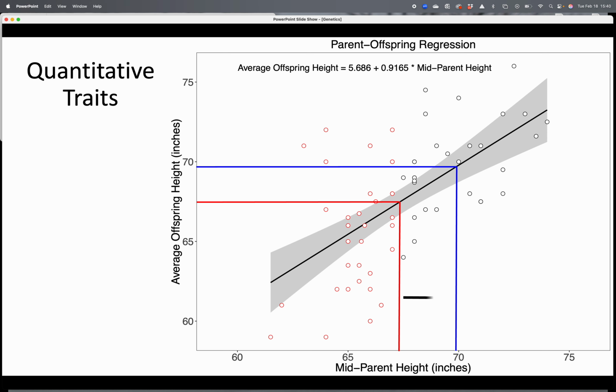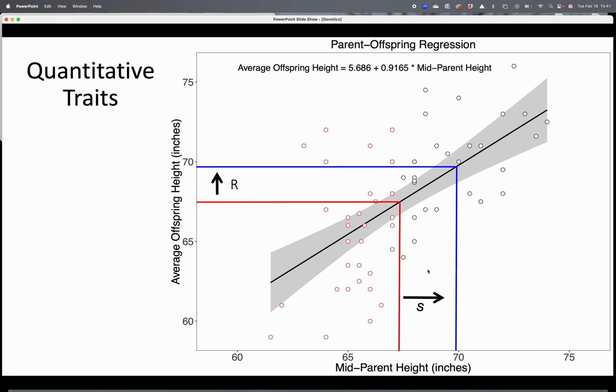And the degree to which the parental generation shifts its mean, that's the strength of selection. And the degree to which the expectation of what the offspring would be shifts is referred to as the evolutionary response to selection. So we're going to indicate that with an R on this figure. The S, the little s, is the strength of selection. Now, if there's a lot of selection, then the response to selection will be higher.